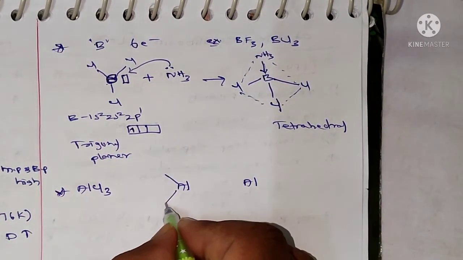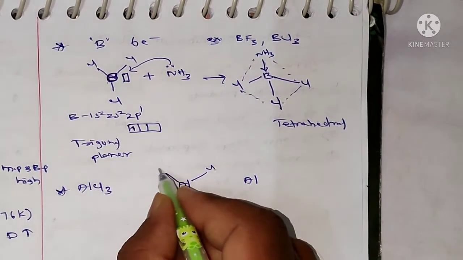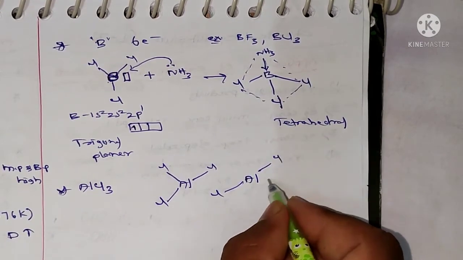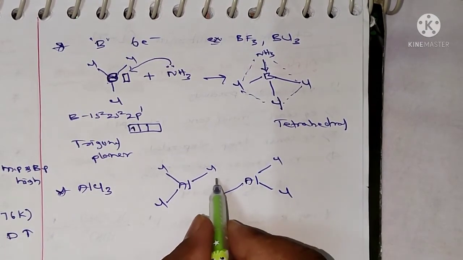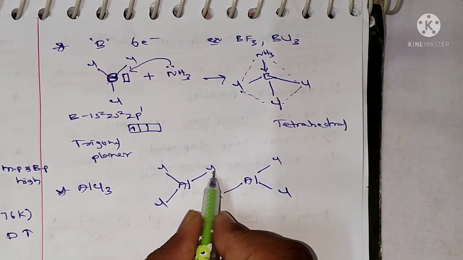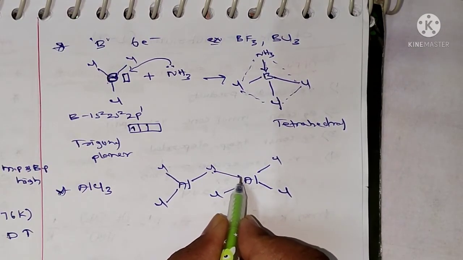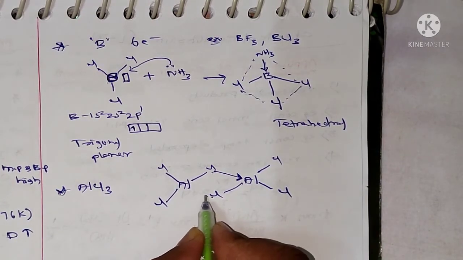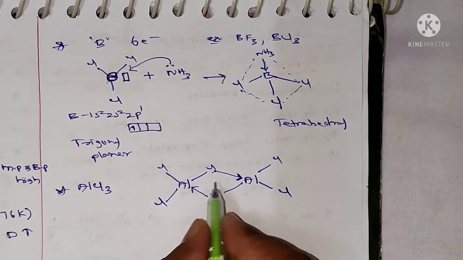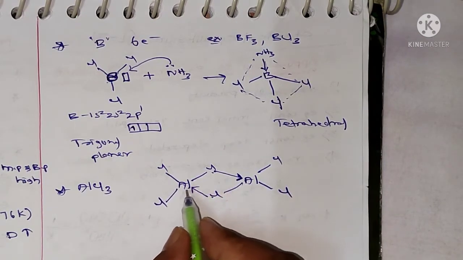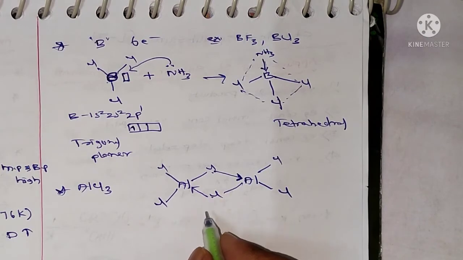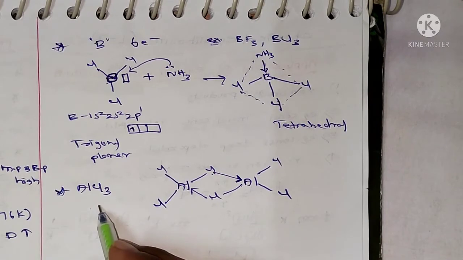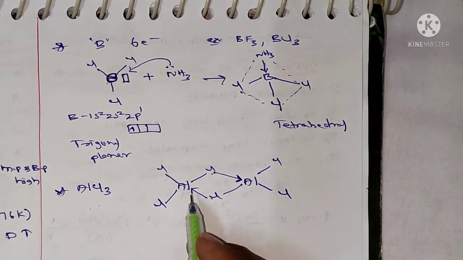Here 3 chlorines, and here also 3 chlorines, and this chlorine can donate an electron pair to the aluminium of another molecule, and this chlorine also can donate an electron pair to the aluminium of another molecule. So it is a dimer of AlCl3 and its geometry is tetrahedral. So AlCl3 is more stable in dimer form.